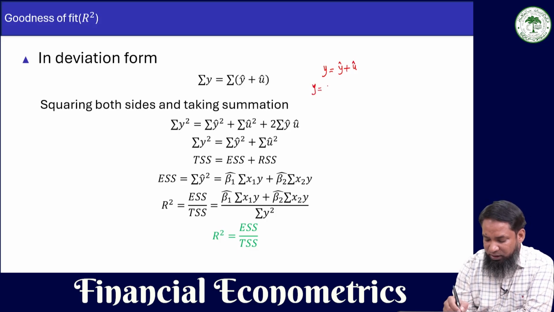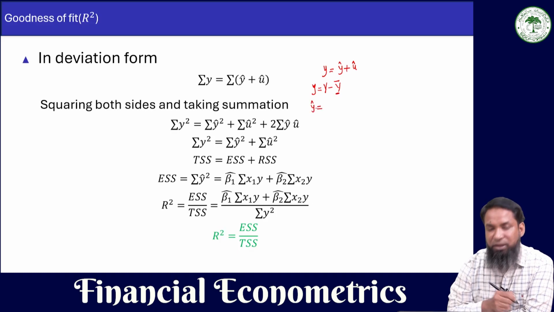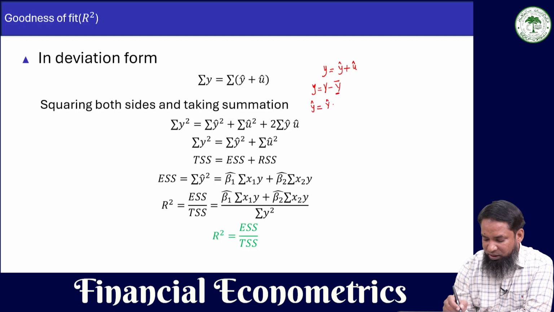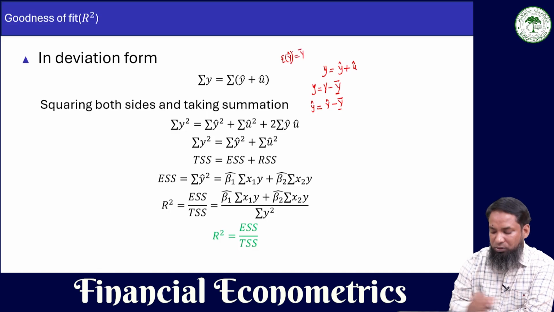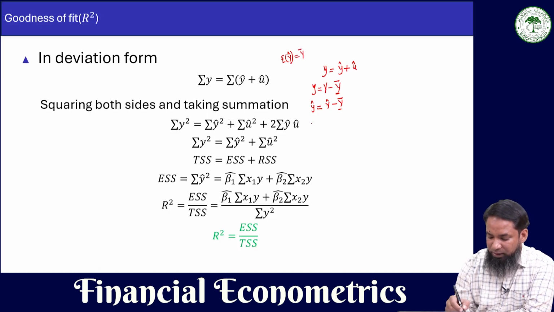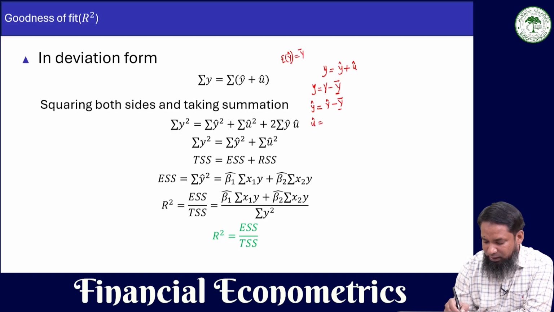This y is y minus y bar, that is, the deviation from the mean, and y hat is the estimated value as a deviation from y bar. Why? Because from the properties, the expected value of y hat is equal to y bar. And u hat is the difference between the estimated value and y.